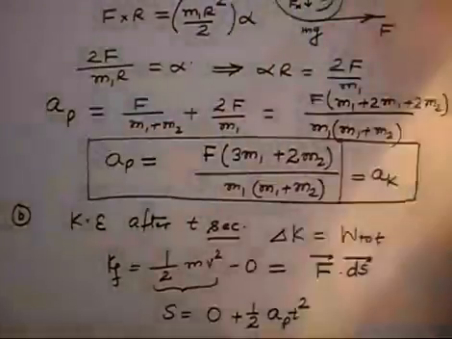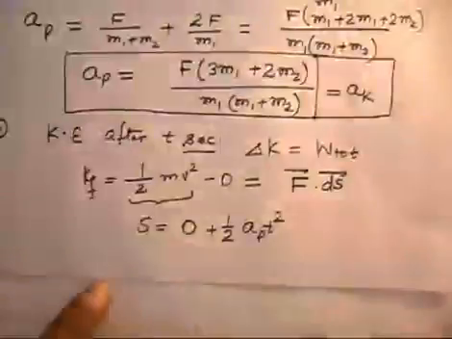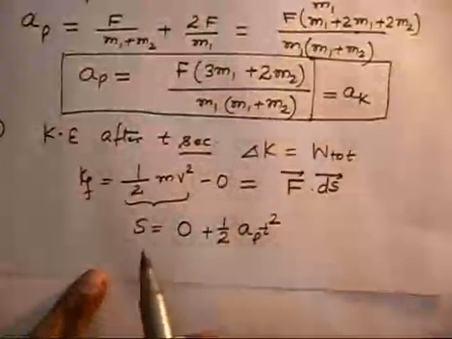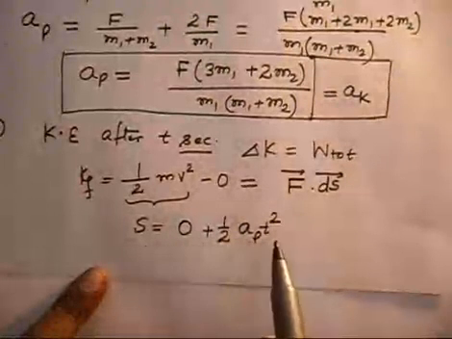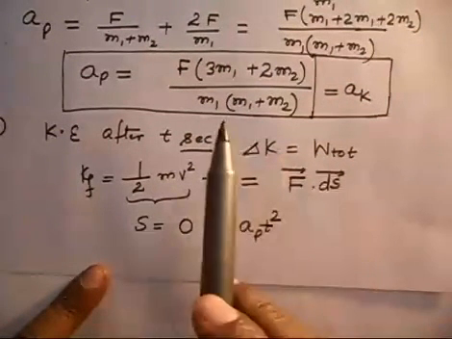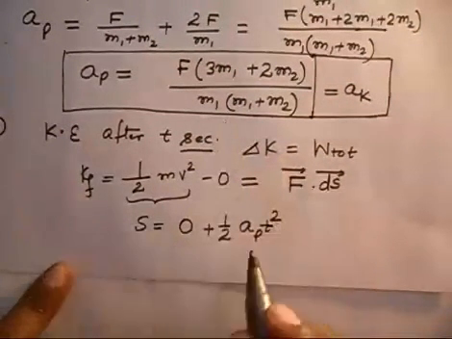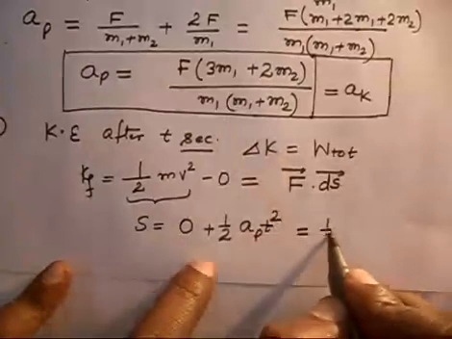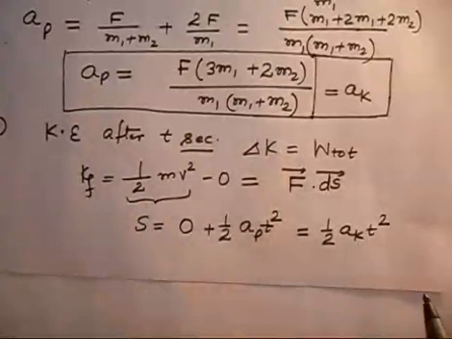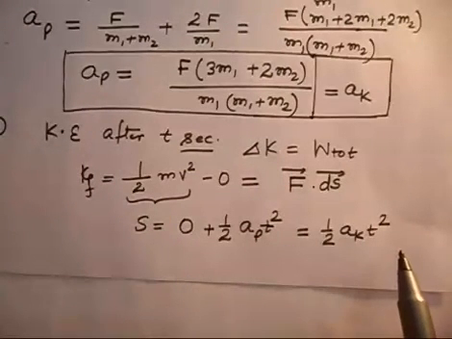This is simple. You can find displacement of point K, that is S is equal to ut plus half a t square. Acceleration of point P we have already found from part 1, and this is same as acceleration of point K. I am interested in acceleration of point K. So half a t square.